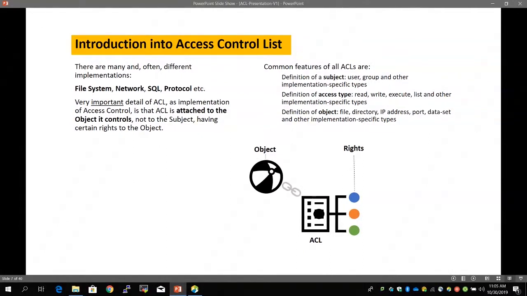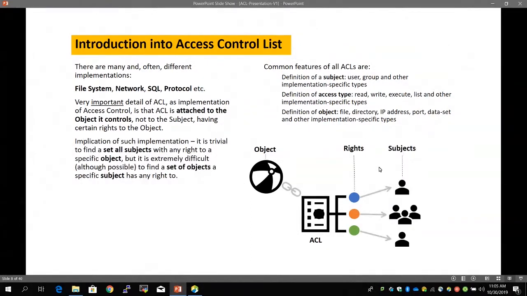So let's say we have an object and an access control list attached to it. It lists subjects with their rights to this object. Different subjects can have different rights, and they are all listed in the access control list, or ACL. And that access control list is attached to an object.